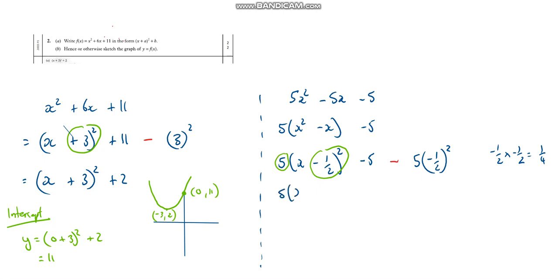For the next line, I've got x, take away a half squared, take away 5, and I'm taking away 5 times a quarter. I'm taking away 5 quarters. All I've done there is 5 times a quarter. And what I want to do now is turn this into quarters. So 5 quarters, times that by 4, I'm going to get 20 over 4. So my final line, I'm going to get cut off really soon, would be negative 25 over 4. Fantastic.